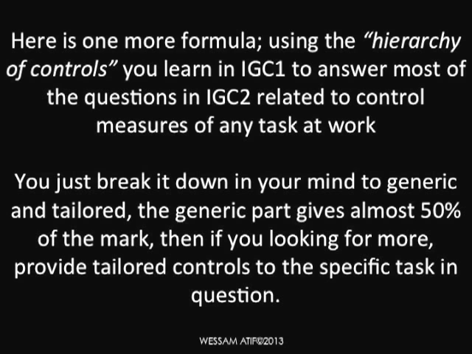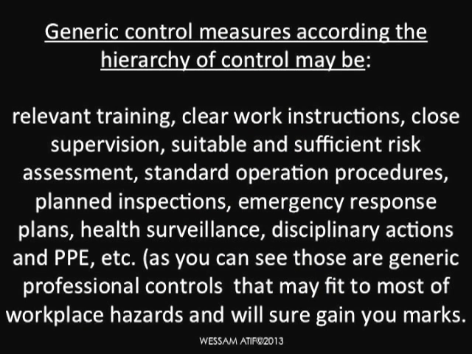And then you need some tailored things for the construction industry, things like the controls of working at height, the controls of housekeeping, scaffolding, use of ladders, etc. Generic control measures, according to the hierarchy of control, may be relevant training, clear work instructions, close supervision, standard operating procedures, planned inspections, emergency response, etc. As you can see, those are generic professional controls that may fit most workplace hazards.